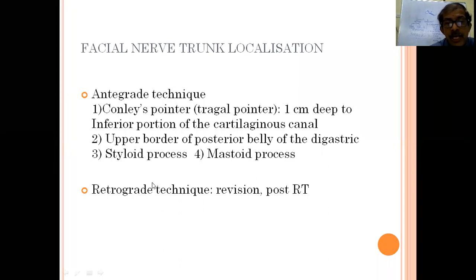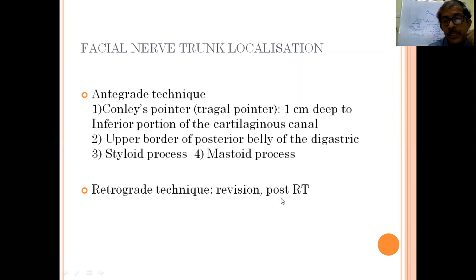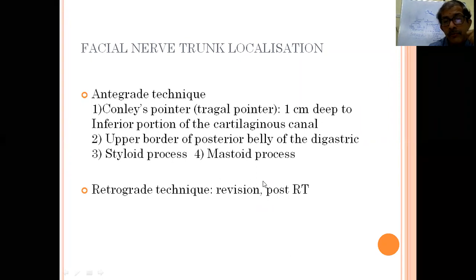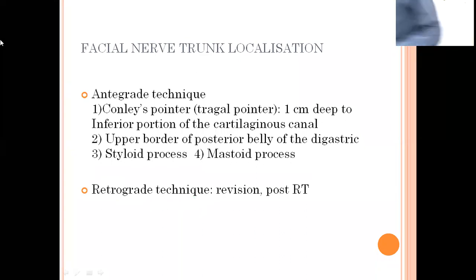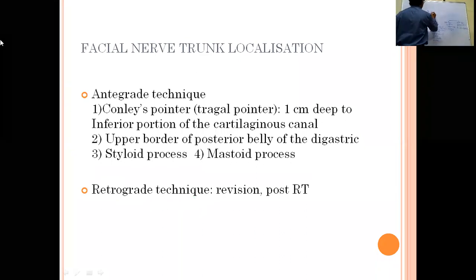Whereas sometimes you may have to go retrograde, particularly when you are doing a recurrent surgery, or after radiotherapy has been given beforehand. You identify the branches, then go backwards.